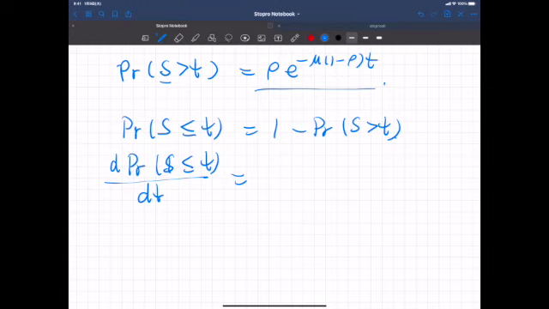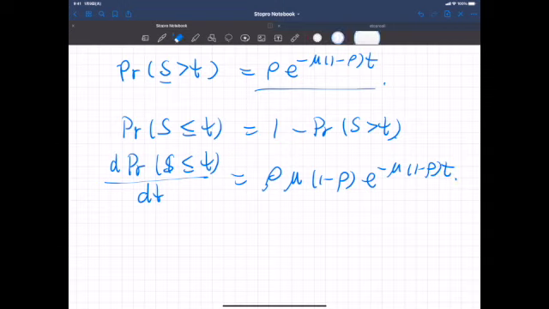Then we should have rho mu (1 minus rho) exponential of minus mu (1 minus rho) t. So this should be the density function for the waiting time.